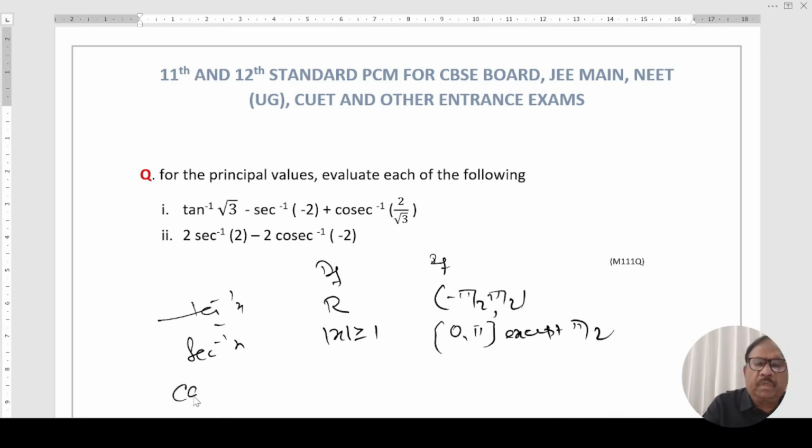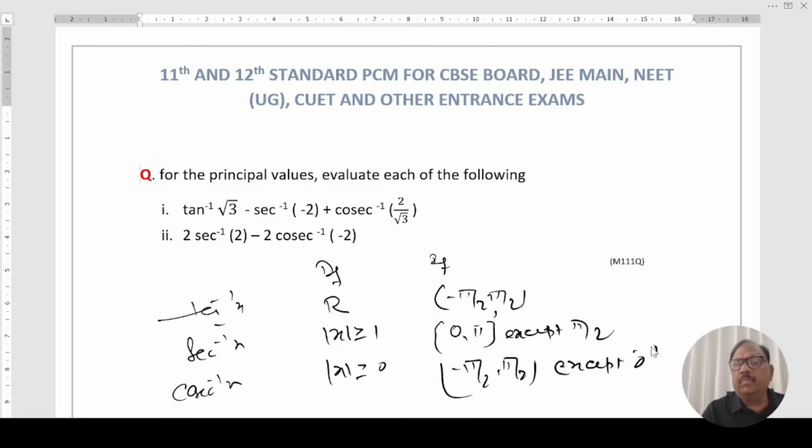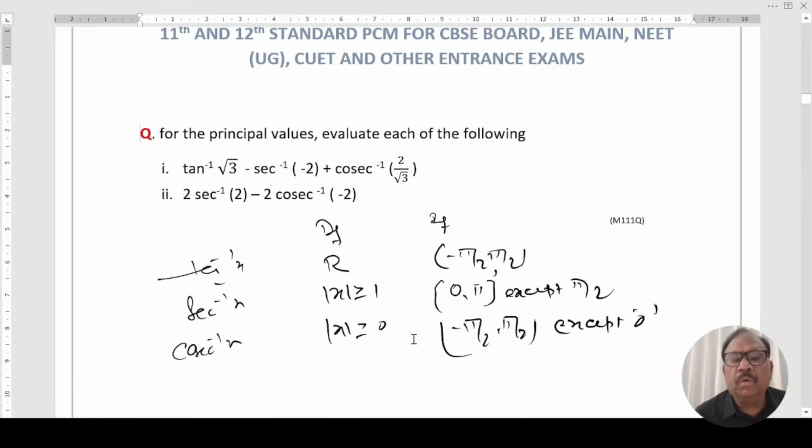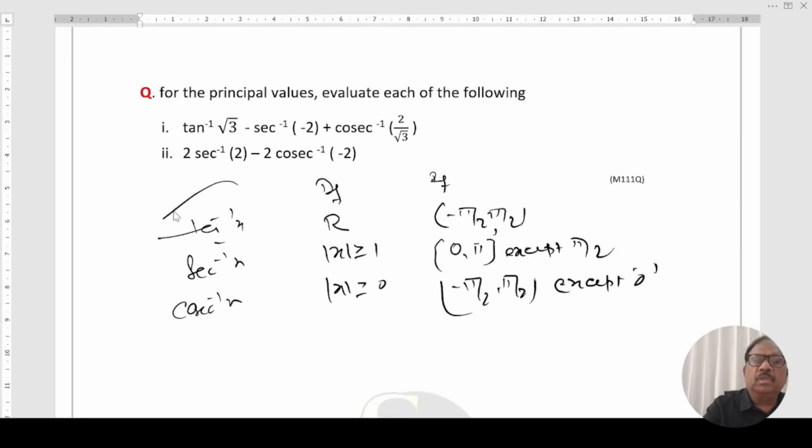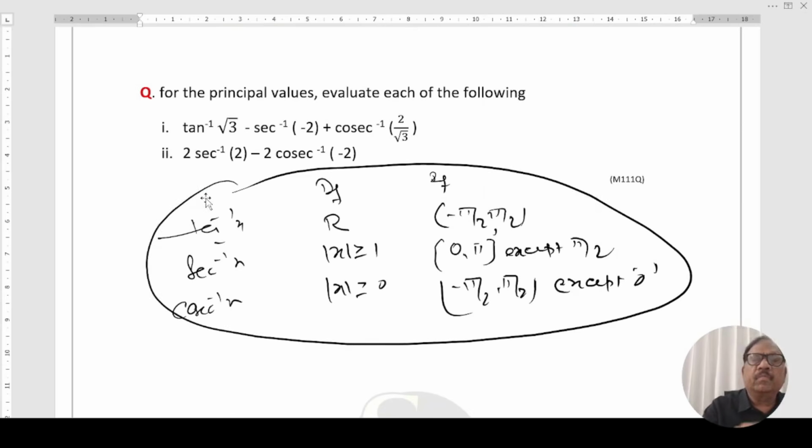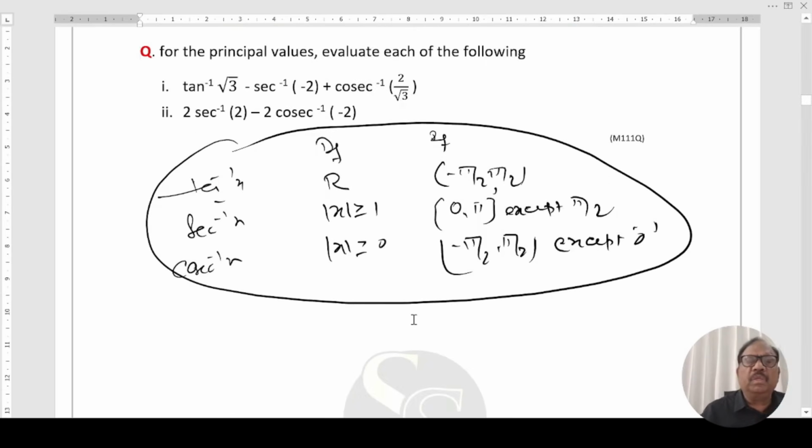And cosec inverse x: domain is mod x greater than or equal to 1, range is minus pi by 2 to pi by 2 except 0. Right? We know all these things. So in this case, root 3 belongs to its range.